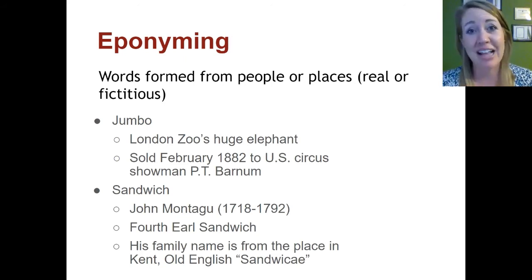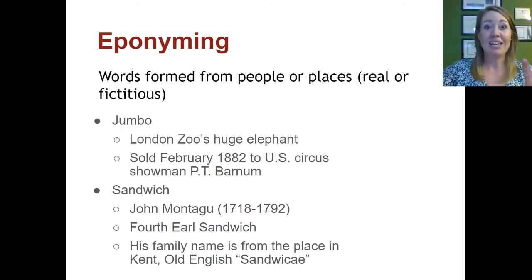And they had named this elephant Jumbo, not because it meant large, but because that was just the name they gave it. But over time, people began to associate the word jumbo with meaning big. So this word came into the English lexicon and started being a synonym for the meaning big because of this elephant. So this is a great example of eponyming.